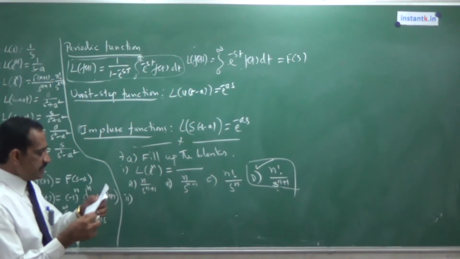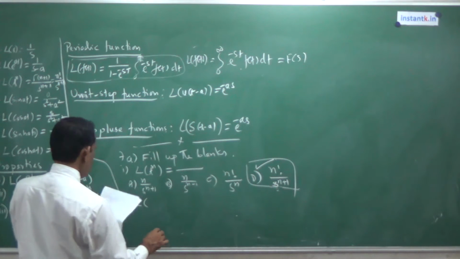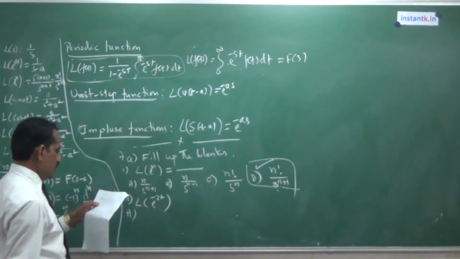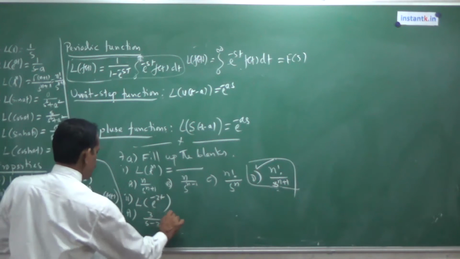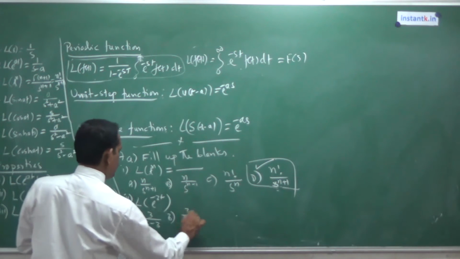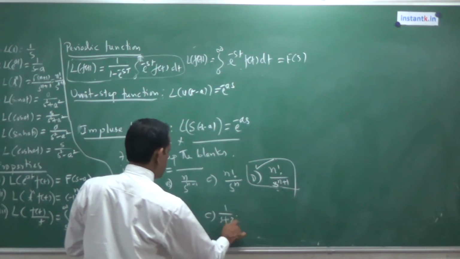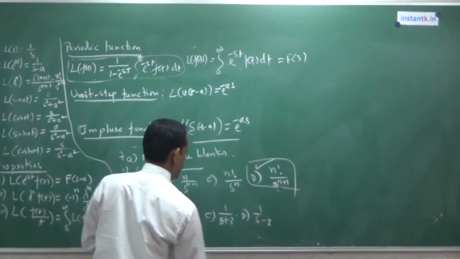Next, the second question asked is, what is the Laplace transform of e power minus 3t? This is also a very simple question. Options given are A: 3 by s minus 3, B: 3 by s plus 3, C: 1 by s plus 3, D: 1 over s minus 3.